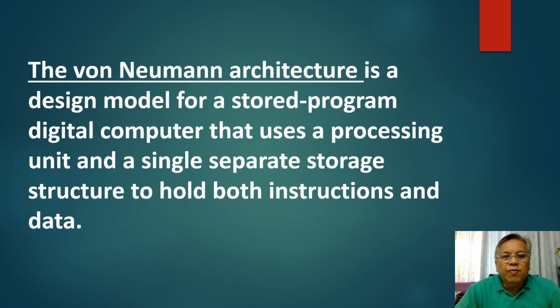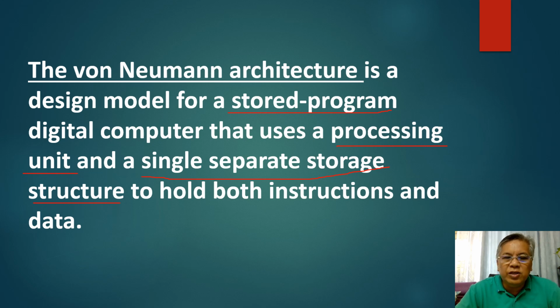Now, von Neumann architecture, therefore, is a design model for stored program digital computers that uses a processing unit and a single separate storage structure, which is now called your memory. The processing unit is now called your central processing unit.